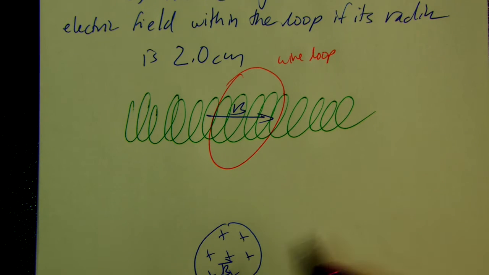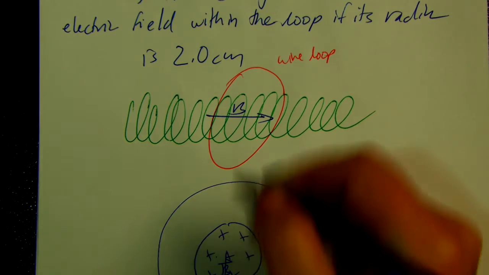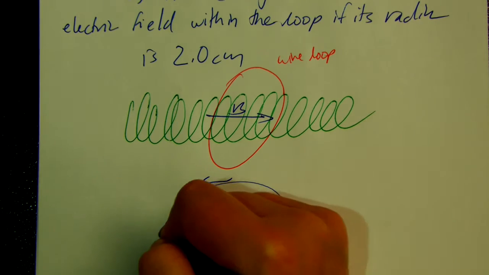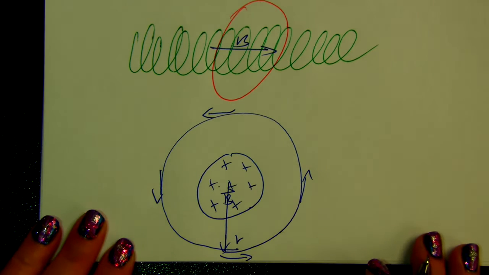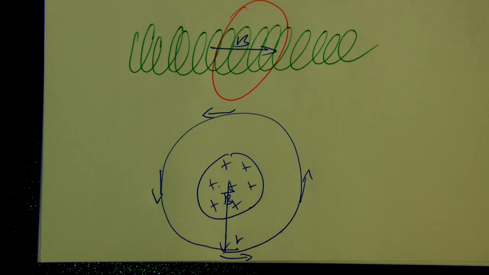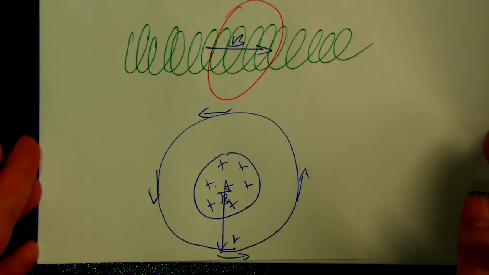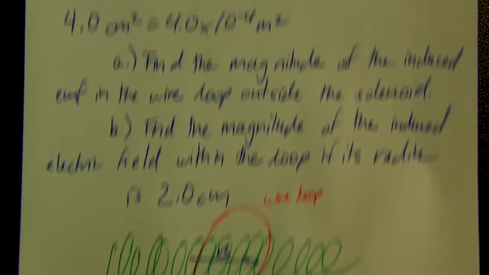This would be the magnetic field, and we have our radius and our curly electric field. All right, so that's the setup that we're looking at. So now let's start looking for the magnitude of the induced EMF and the electric field.